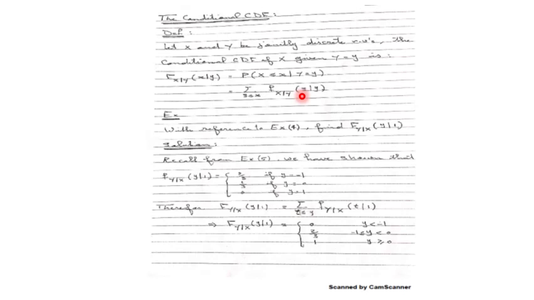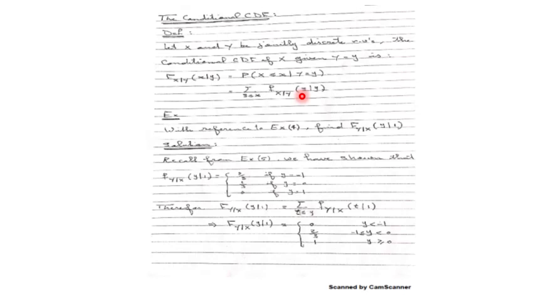If you want the marginal CDF for one of the variables, you let the other go to infinity. So if you want capital F of x from capital F of x and y, you let y go to infinity. If you want capital F of y, you let x go to infinity.